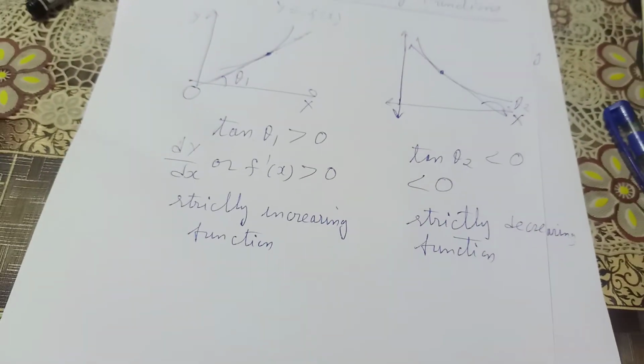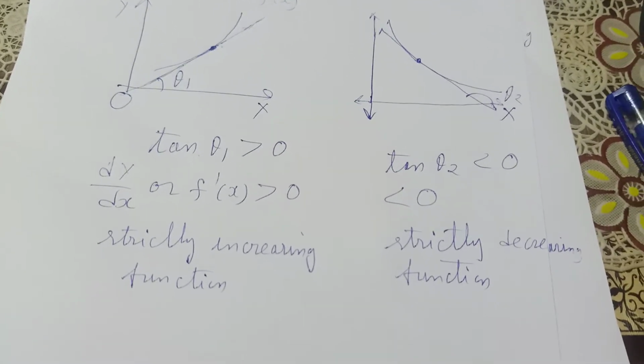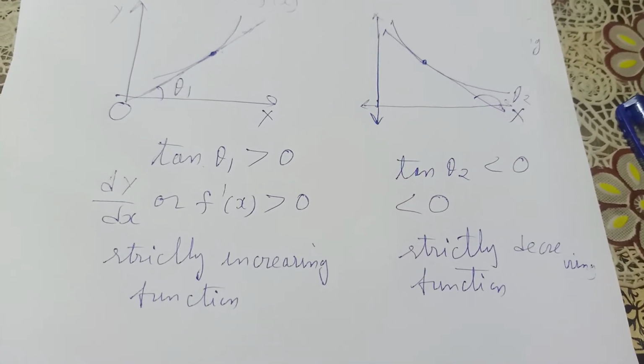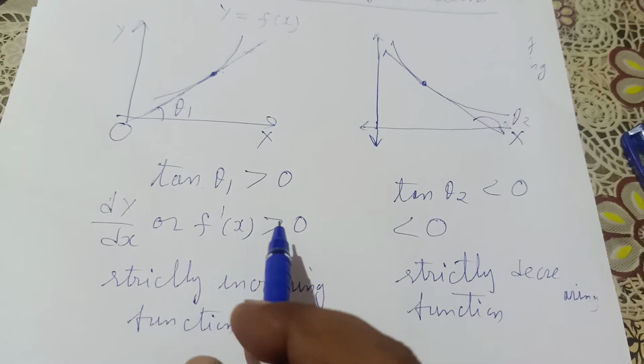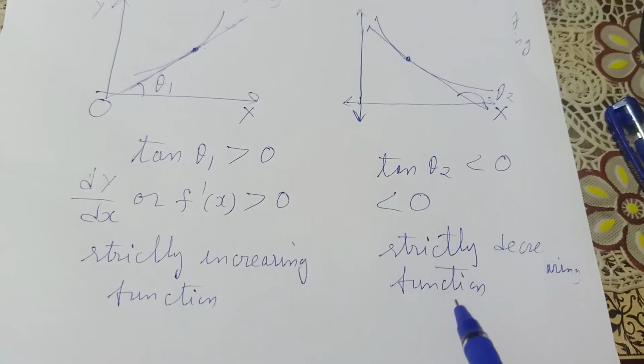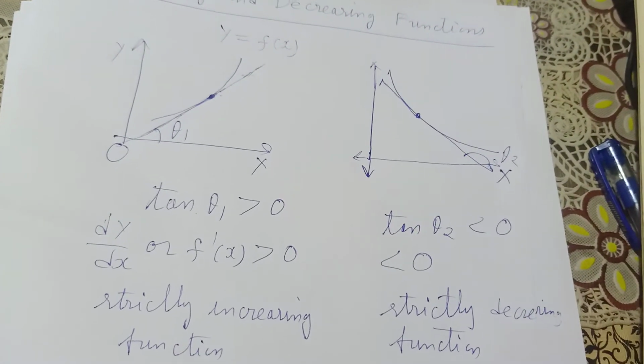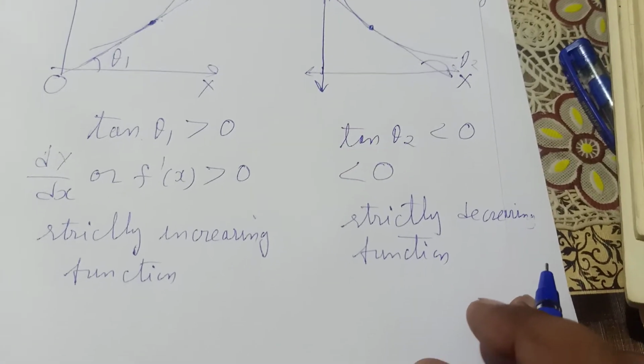So these two tools we can use. If for any function f dash x is greater than 0, then it is strictly increasing, or if it is less than 0, then it will be strictly decreasing.